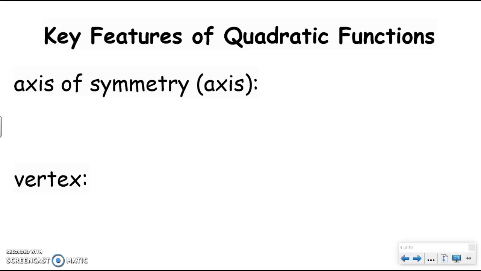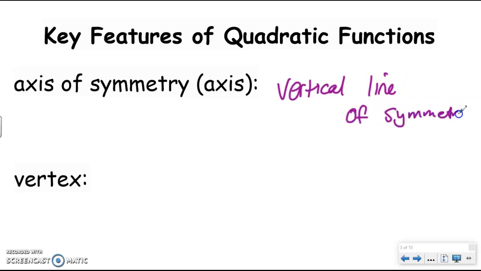Okay. Some key features that we want to talk about: the axis of symmetry, or the axis, is the vertical line of symmetry. Okay, and I could type this, it would make it faster.